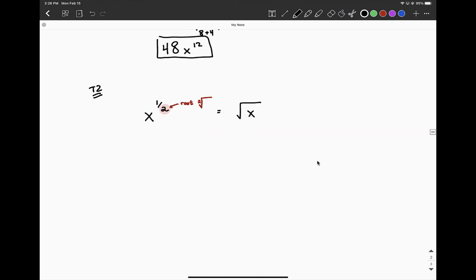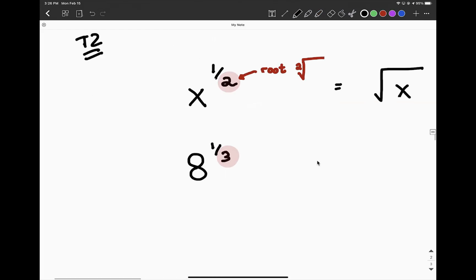And we can extend this, because now if I put a 1/3 power, actually let's make a nice base on this one. Let me just go 8 to the 1/3 power. That's a nice little symbol. And it's trying to tell you that this is a root, but not a normal square root, but a cube root.